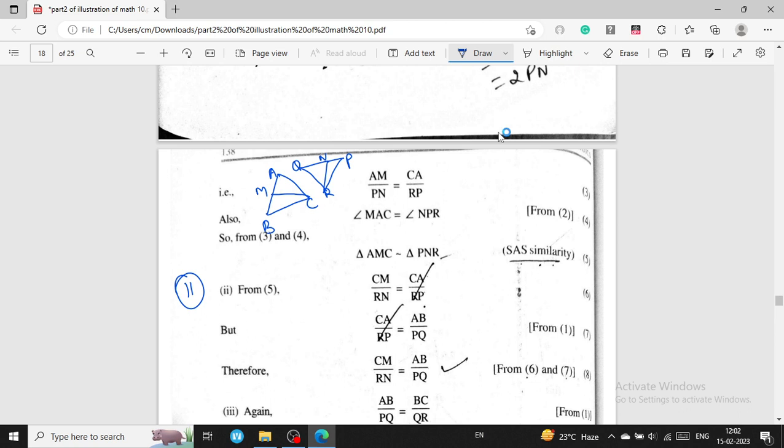In the second statement we have to prove CM over RN is equal to CA over PR. That is the sixth equation.